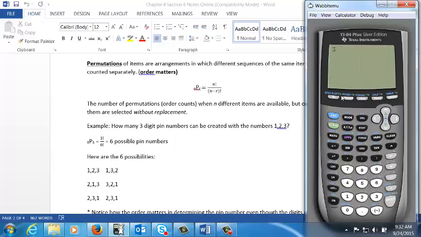I put in the number of items I begin with, go to Math, PRB, number 2, nPr, put in the number of items that I'm choosing, and then Enter, and that will calculate that for me. So this would be a 6, as we can see here. So that may be helpful.